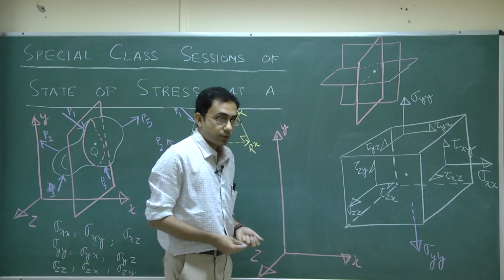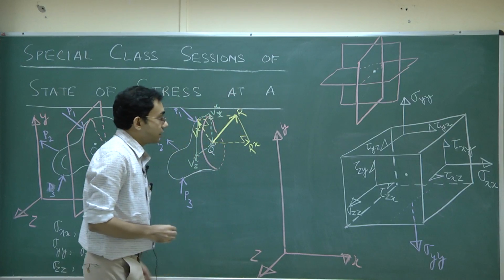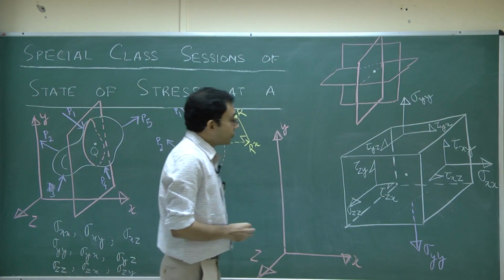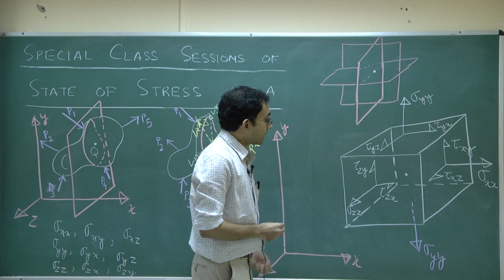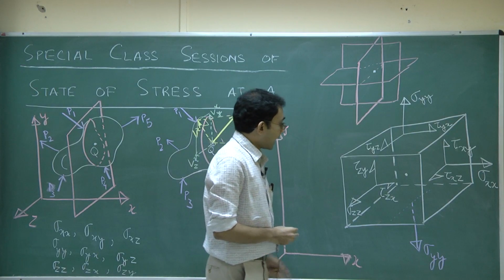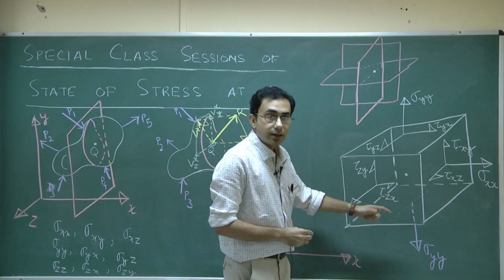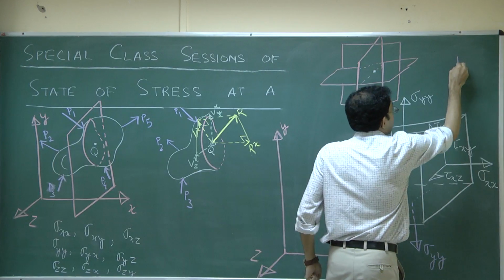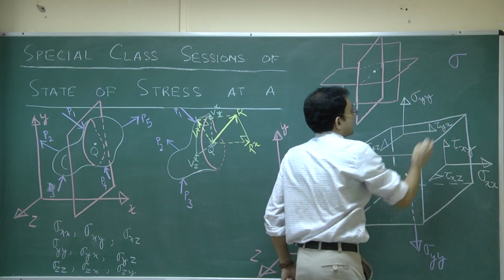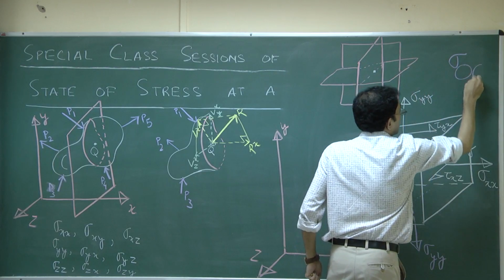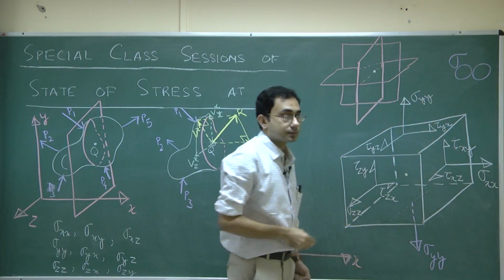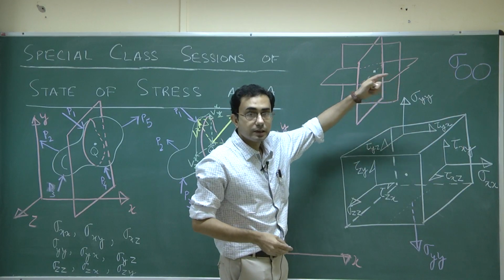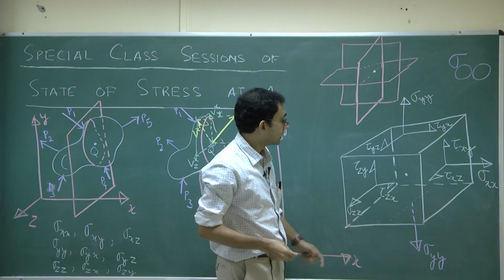A very useful trick that I personally use is something like this. I consider a plane and consider the outward normal direction to it. Suppose I am considering the normal one. For this, I put two blank spaces. I do not have to actually write them down, but this is only for my own understanding.